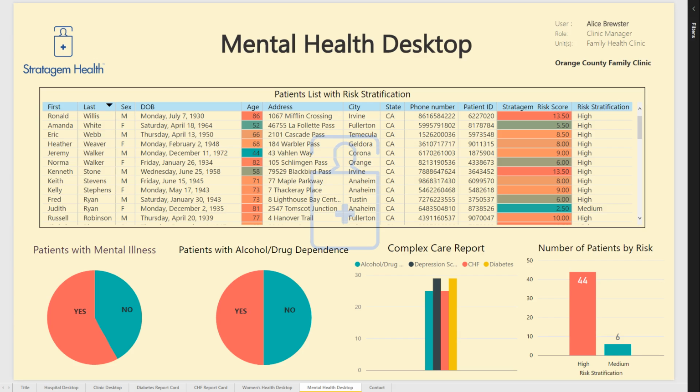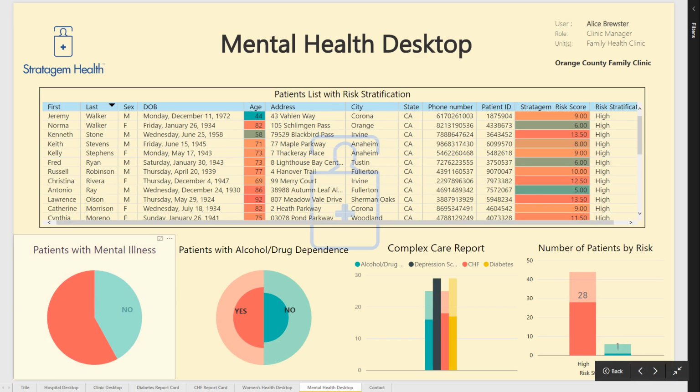It's important to look at the whole person care, which includes their psychosocial situation, their mental health situation, any problems with alcohol and drug abuse, and this would be in addition to their chronic illnesses. So this desktop looks at patients that have mental health illnesses, which of those have alcohol or drug issues, and of those that also have congestive heart failure and diabetes.